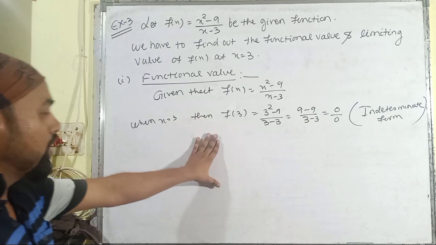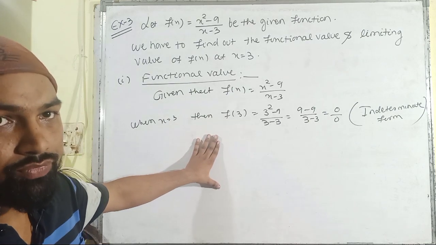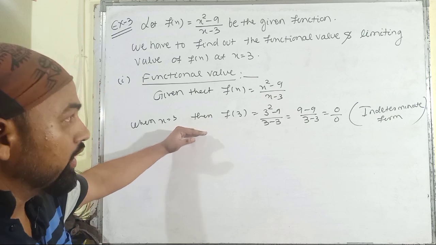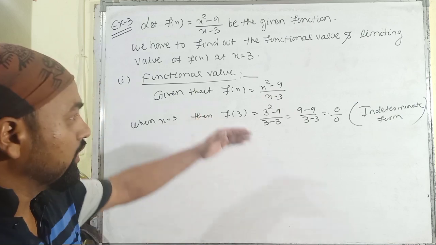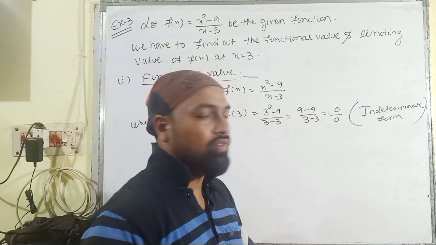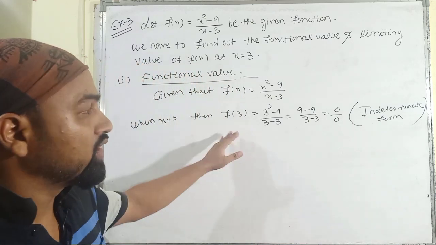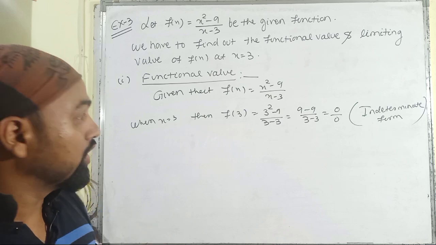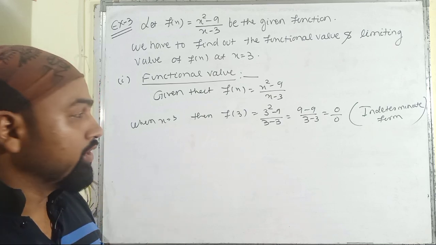So here we are getting the indeterminate form, and if the functional value is in the form of an indeterminate form, then we have to solve this by some basic mathematical operations, and we will discuss them later in the next video session.